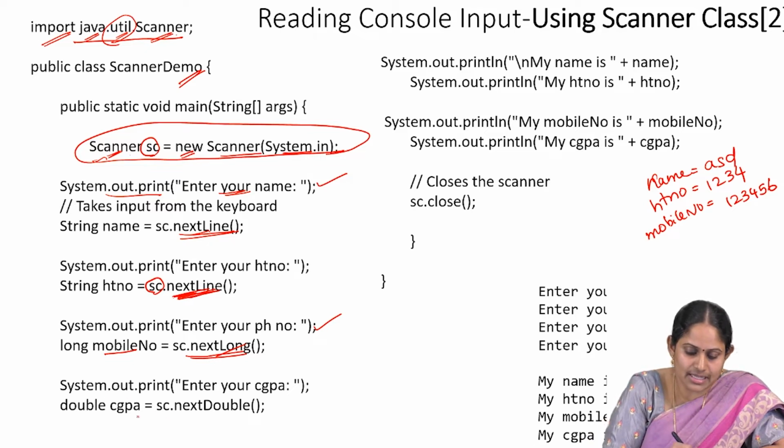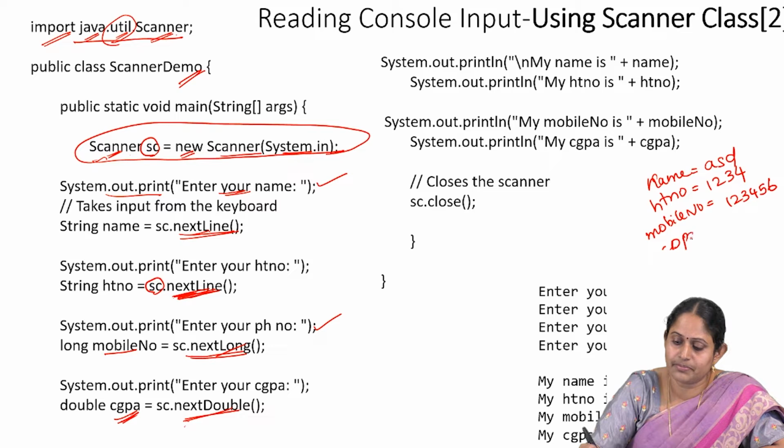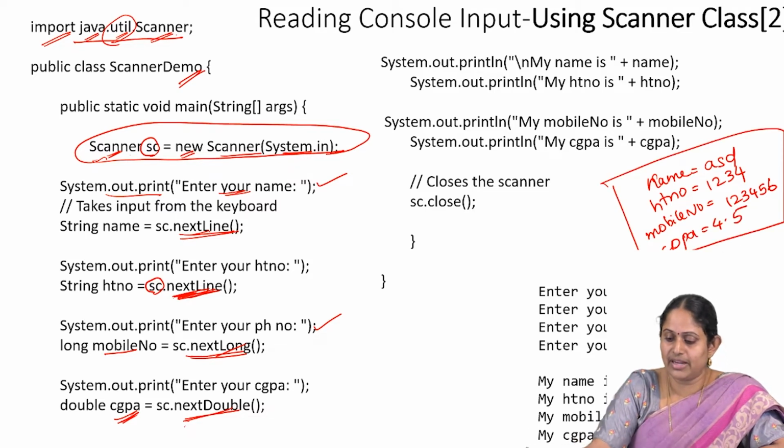And again, next is the CGPA. We are reading the CGPA, which could be a rational number which has a decimal part. So we are using the nextDouble method to read the double value, and into CGPA it will store 4.5. Now these are stored into the memory by reading.